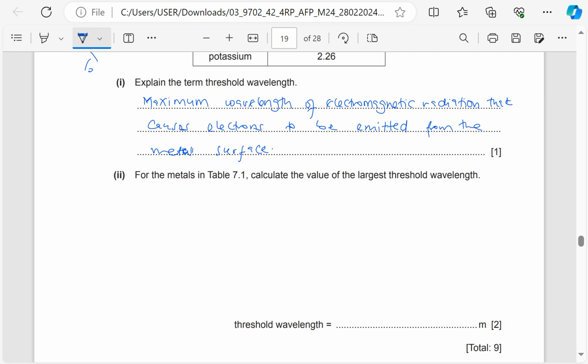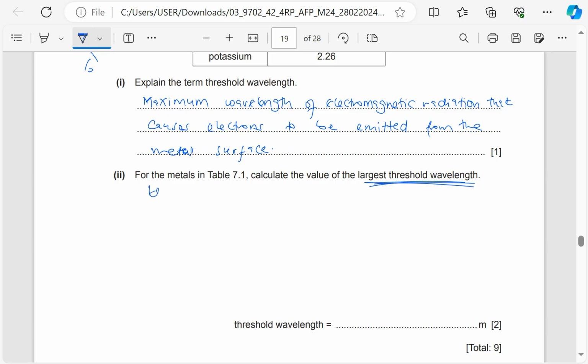Okay, for the metals in table 7.1, calculate the value of the largest wavelength. For the wavelength to be largest, the frequency must be lowest. That means we must take the smallest work function.